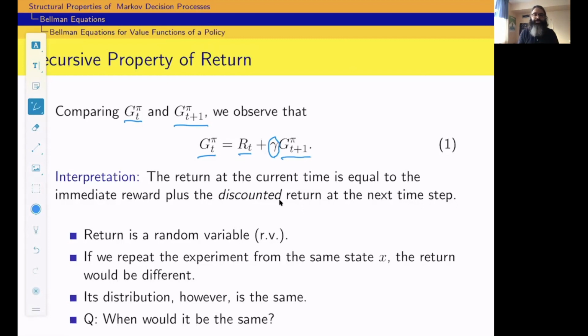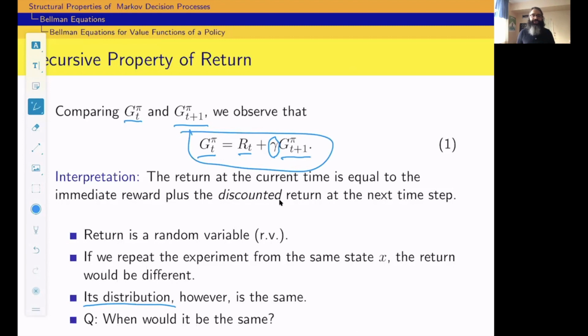These two values would not be the same in general, because they are random: the MDP is stochastic, and the policy might be stochastic. But one important thing about this return is that its distribution is going to be the same. It's the same random variable, not the same value, but the same distribution, and it satisfies this equation.